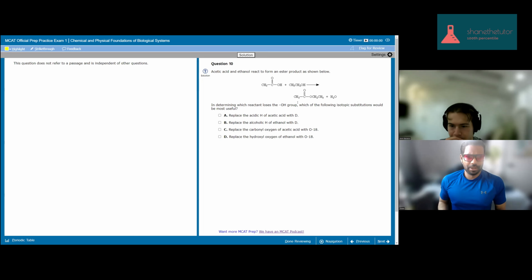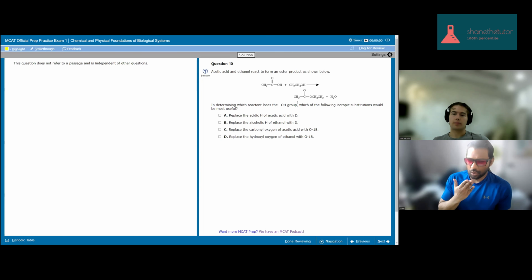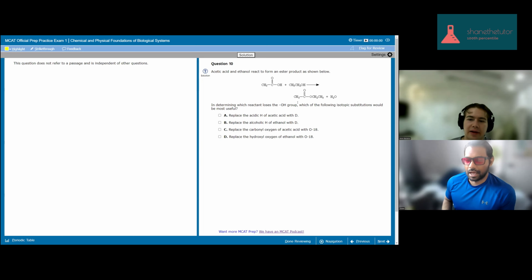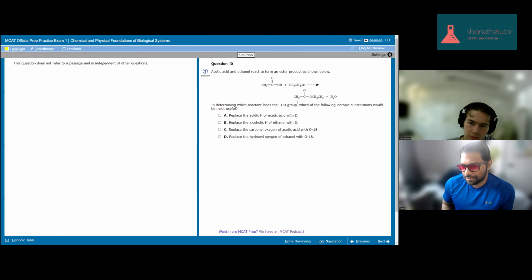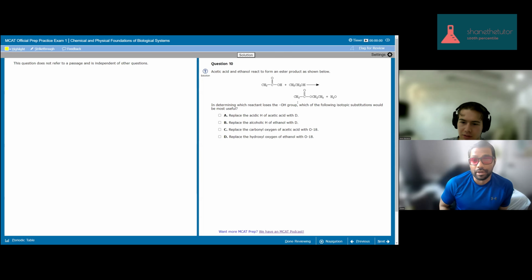So what would happen in this reaction, by the way? The alcohol would attack the carbonyl. Good. Now, the acetic acid is going to want to get rid of that proton, whether the ethanol is there or not.